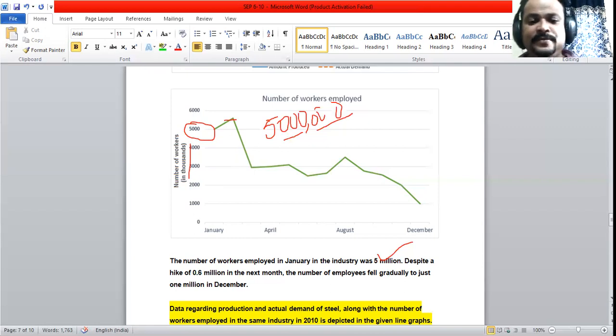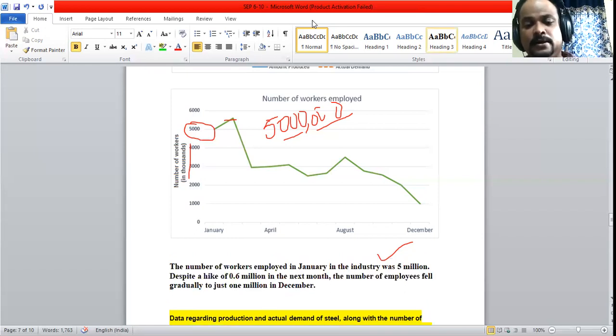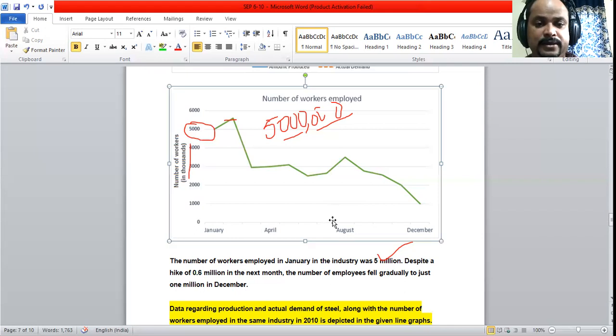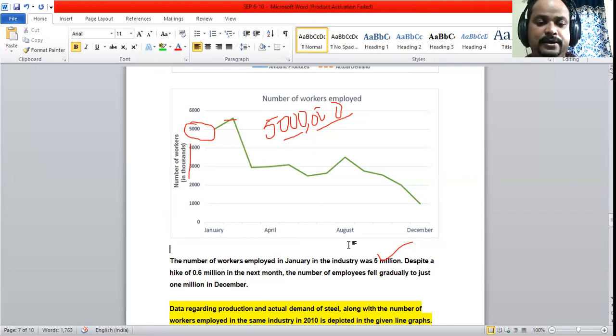Despite a hike of 0.6 million in the next month, the number of employees fell gradually to just 1 million in December. So it fell to just 1 million in December. This was a significant hike there. So it fell to 1 million in December. So that is the thing here. Now we have completed the task.